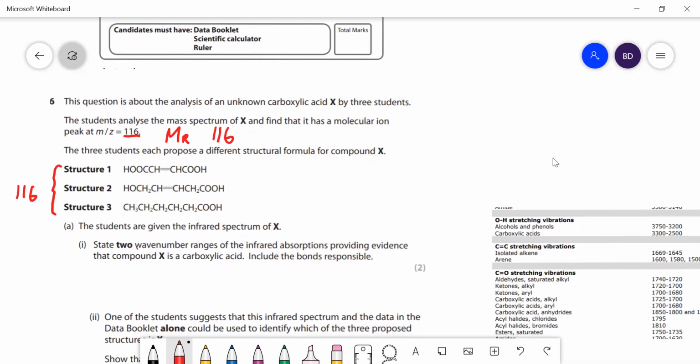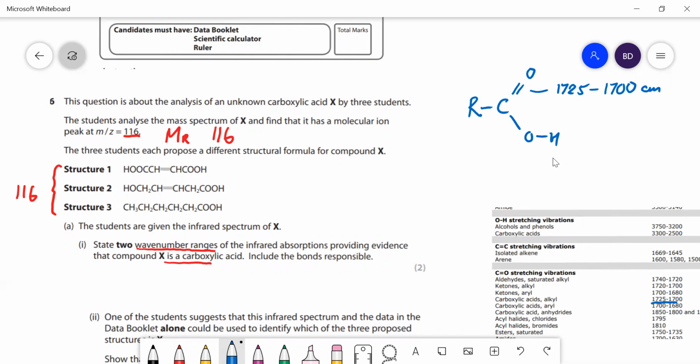State 2 wave number ranges that provide evidence that the compound is a carboxylic acid. Right, so a carboxylic acid contains the carbonyl and the OH. If you look here, carbonyl, C=O, in a carboxylic acid, alkyl carbonyls, 1725 to 1700 centimeters to the -1.